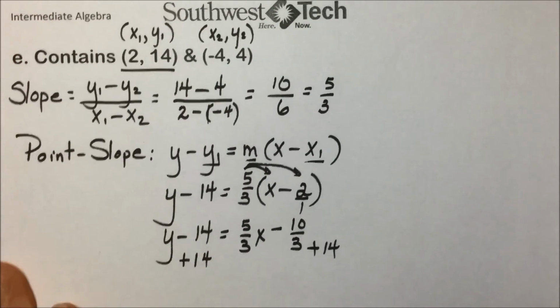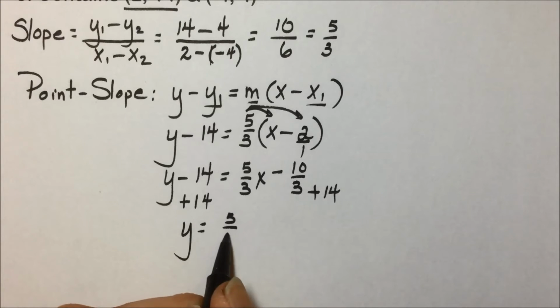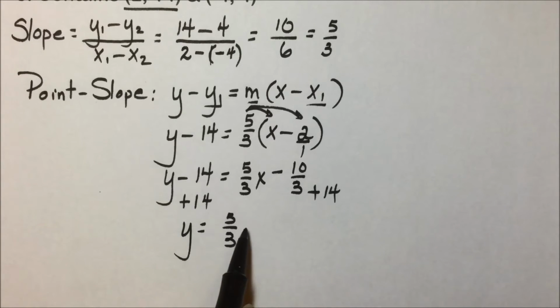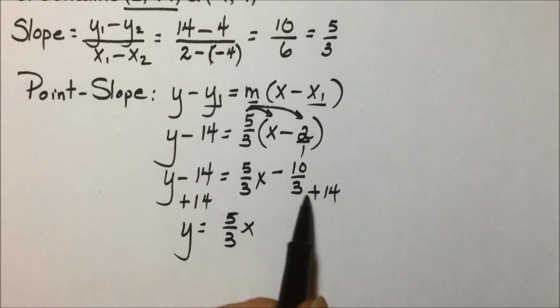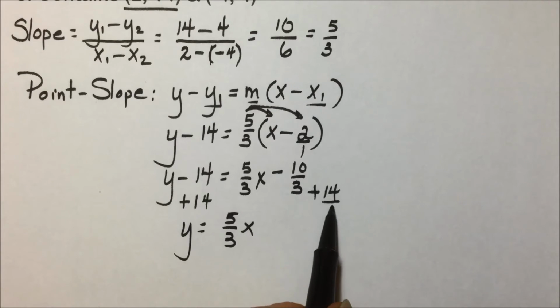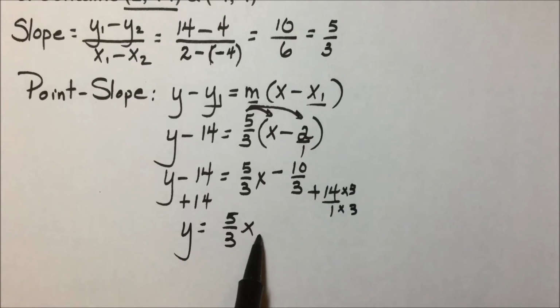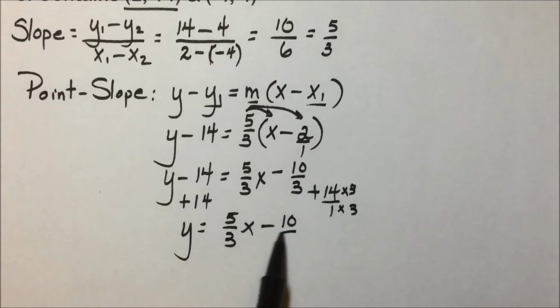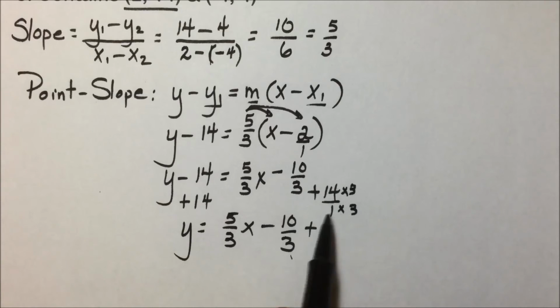The 14s cancel out on the left. That's easy enough. We end up with 5/3 x, and 14, to get a denominator of 3, since it's over 1, we'll multiply top and bottom by 3. So we end up with our negative 10/3 plus 14 times 3, well, 3 times 4 is 12, carry the 1 would be 42/3.